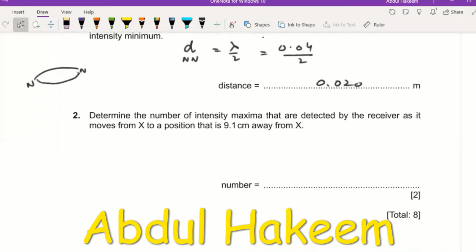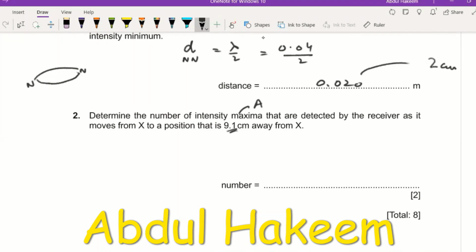Now the next is determine the number of the intensity maxima, and the maxima mean the antinode, that are detected by the receiver as it moves from X to the position that is 9.1 centimeter away from X. Look, this is 2 centimeter.